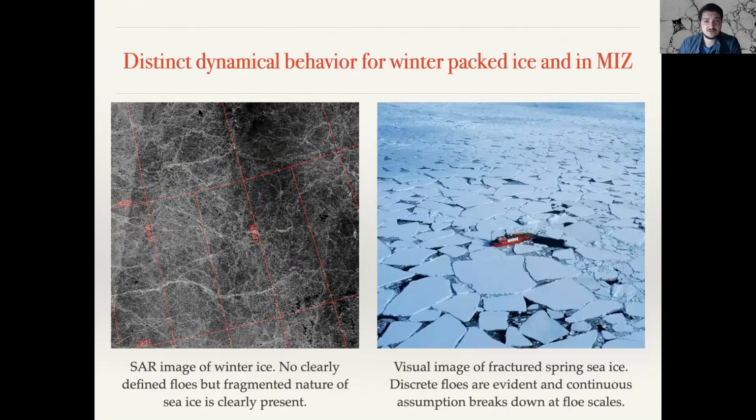Looking at different dynamical regimes, maybe we have 100% concentrated sea ice, let's say in winter, or close to 100% concentration. This is a SAR snapshot, which shows various ridging patterns in the sea ice.